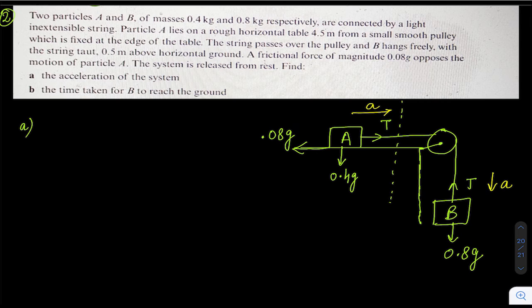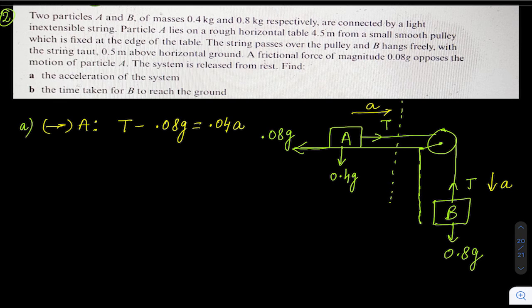A can't move in the left direction, right? Let's write the equation for A now. A's acceleration we assume to be in the right direction. So net force in the horizontal direction for A is T minus 0.08 g is equal to mass 0.4 into acceleration.